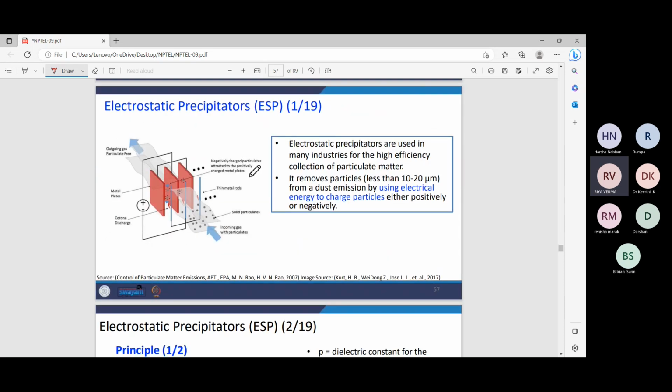So ESPs are generally used in many industries for the high efficiency collection of particulate matter. Basically, here these plates have a certain charge in them, and the incoming gas, the particulates, also have a certain charge. So for example, let's say these plates are negatively charged, so we'll charge this gas stream as positive.